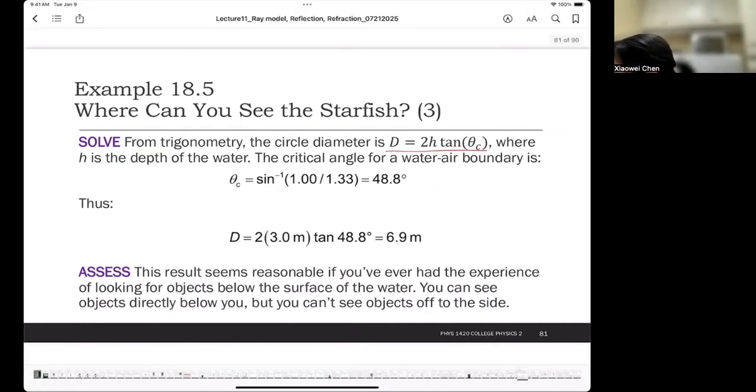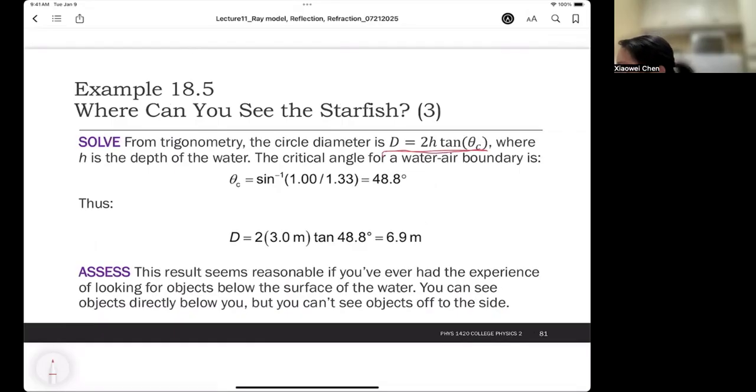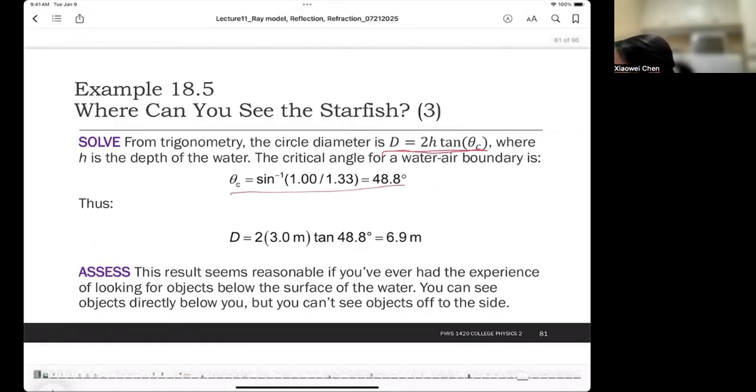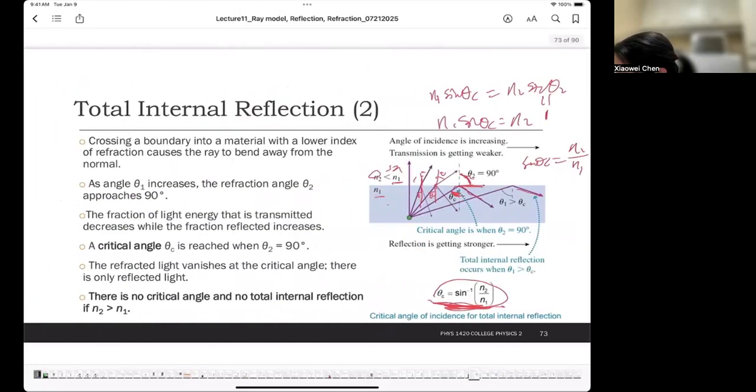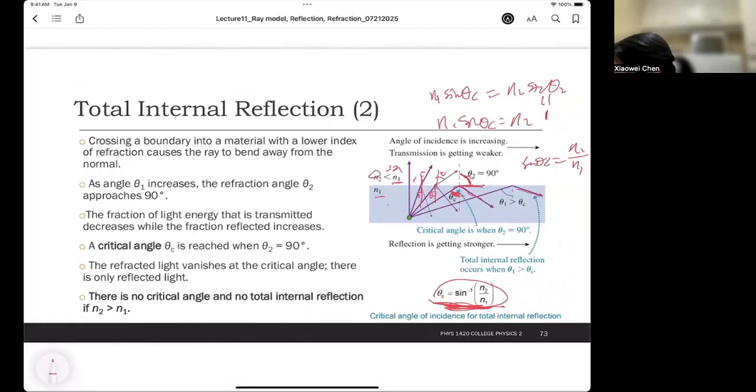Okay, this is why d equals 2h tangent theta c, where h is the depth of the water. The critical angle for a water-air boundary is this one. Actually we talked about this in here. I just proved why this one equals this one.